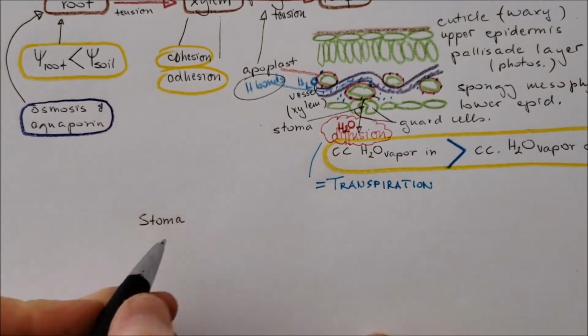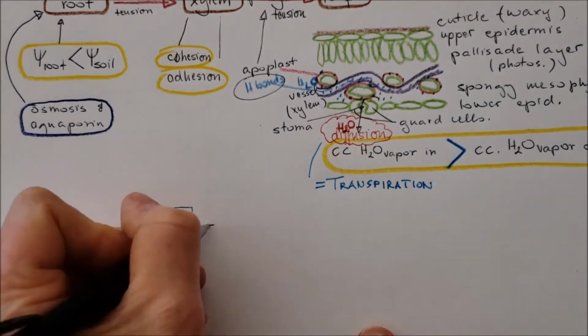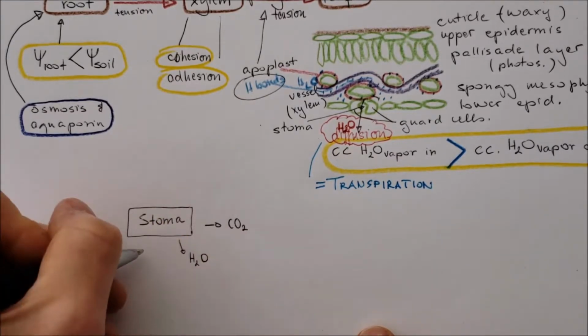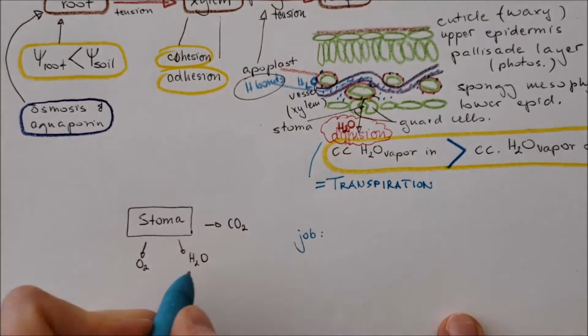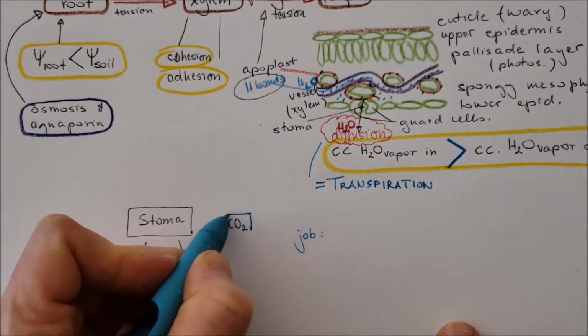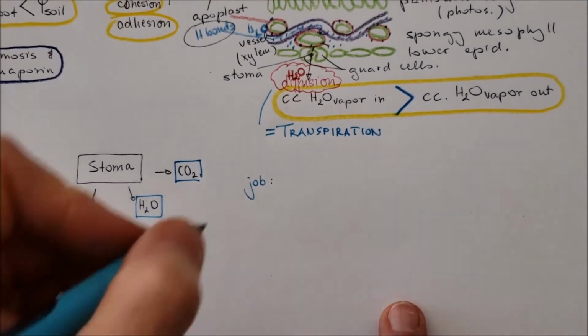The second one is about the stoma. The stoma lets carbon dioxide, water vapor, and oxygen pass between the spongy mesophyll and the atmosphere, the outside air. Its job is to focus on the carbon dioxide and the water vapor.